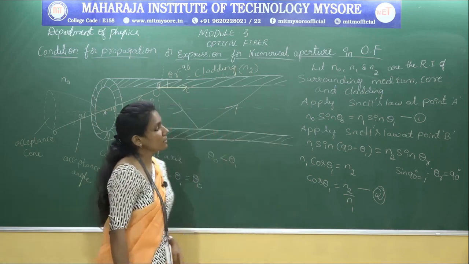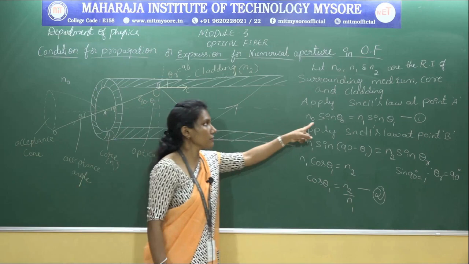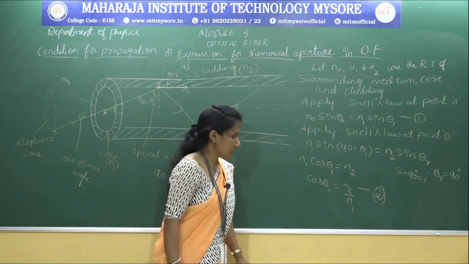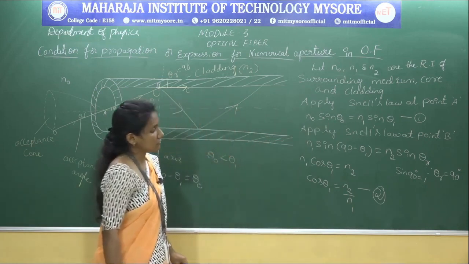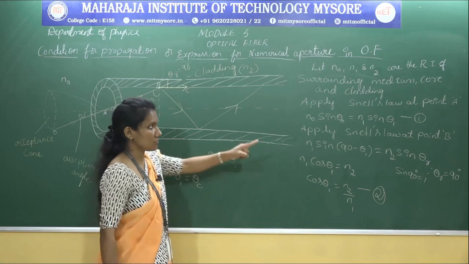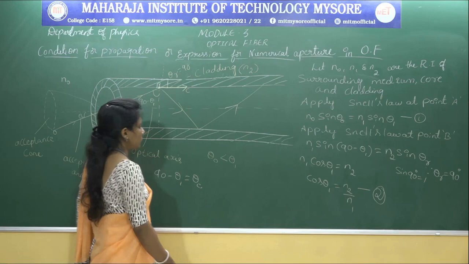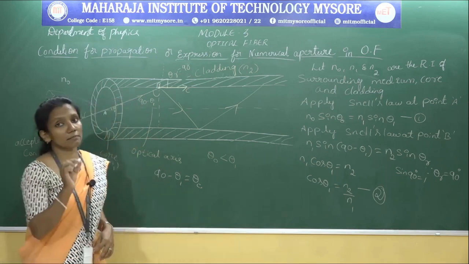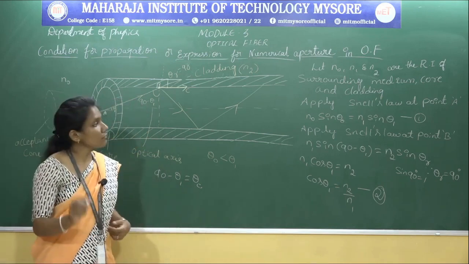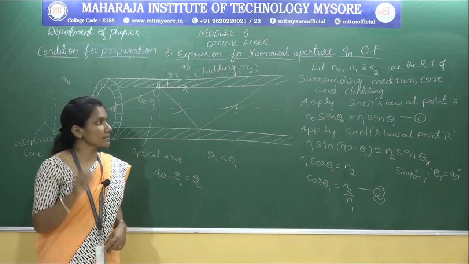Now we have to rearrange equation 1 in terms of sin theta 1, and we know cos square theta plus sin square theta is equal to 1. From that we get sin theta 1.